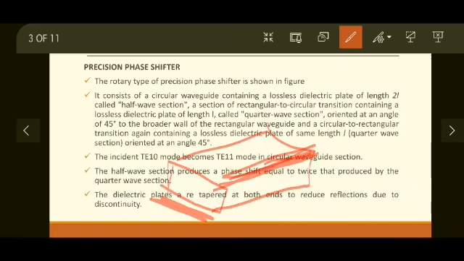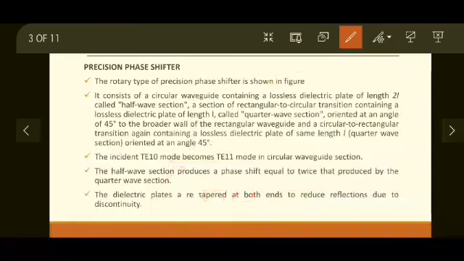To this wall, the plate will be at 45 degrees. Okay, so this is my plate at 45 degrees to the broader wall. And the circular to rectangular transition again contains a lossless dielectric plate of the same length, a quarter wave section, oriented again at 45 degrees.